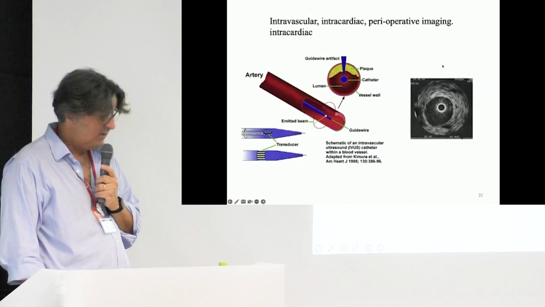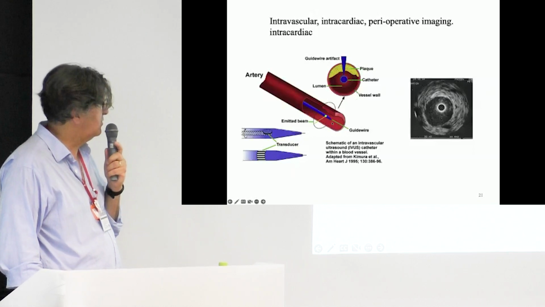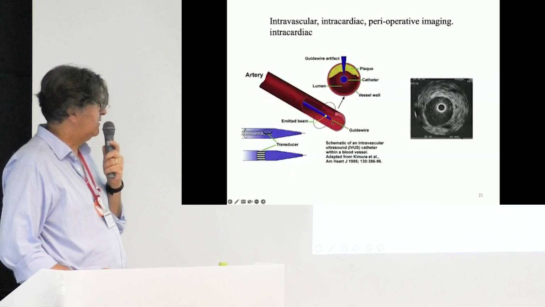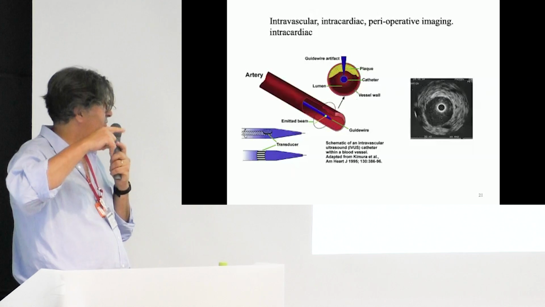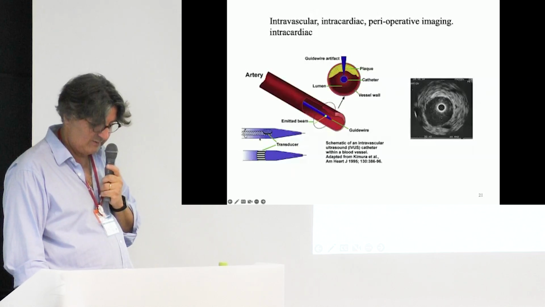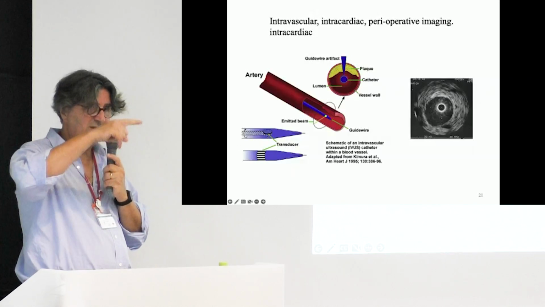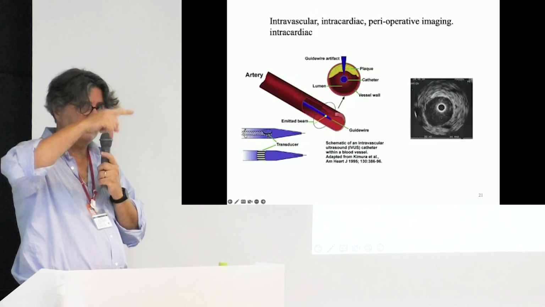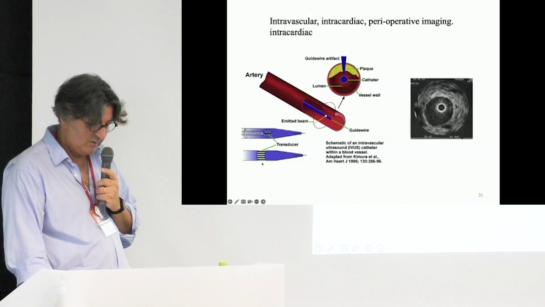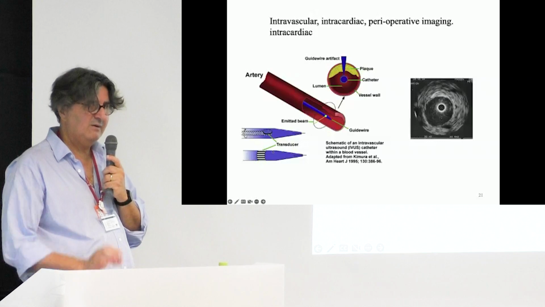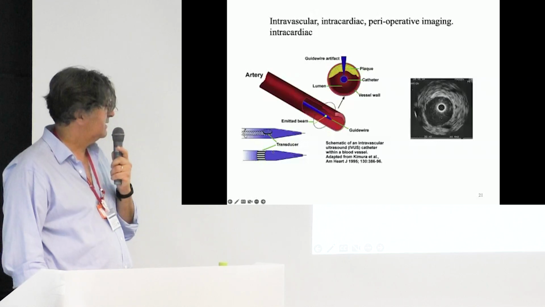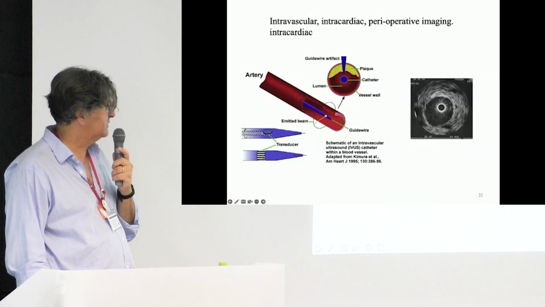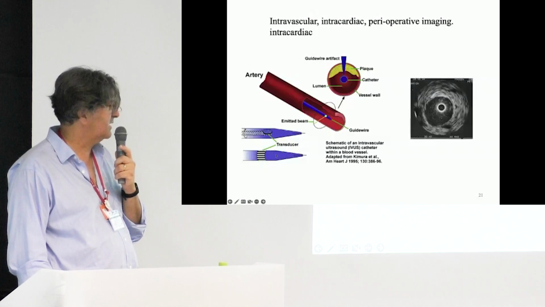And here you can imagine that you have a guide, of course, but at the beginning you had a single element transducer and a rotating system that allowed to produce the images. But now a very small circular array transducer has been developed that allows sectorial scanning, circular scanning.